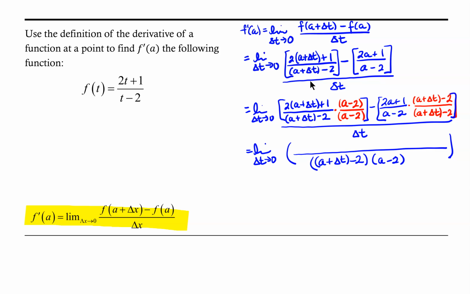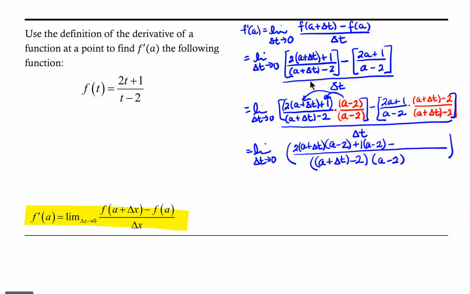Now, in my numerator, I'm going to have to use the distributive property to multiply things out. So I'm going to have 2 times a plus delta t times a minus 2. So that's this piece. And then plus 1 times a minus 2, continuing our distributive property.